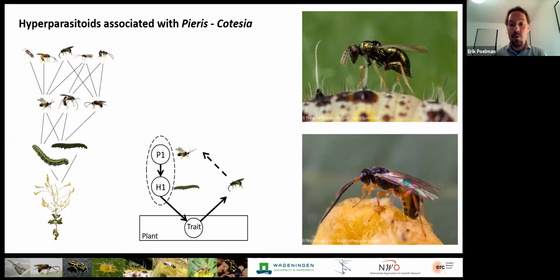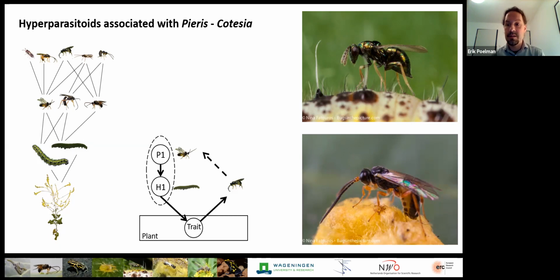We were questioning how these hyperparasitoids find their hosts, and hyperparasitoids lay their eggs inside the larvae or pupae of other parasitoids. And we have true hyperparasitoids that do that by basically penetrating through the herbivore, reaching the larvae of the parasitoid and laying eggs inside these larvae, or hyperparasitoids that we can call pseudo-hyperparasitoids that actually parasitize the cocoons or the pupa of these parasitoids when they have already left the host.